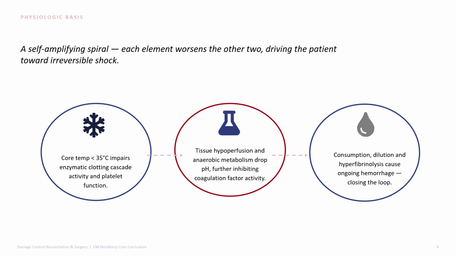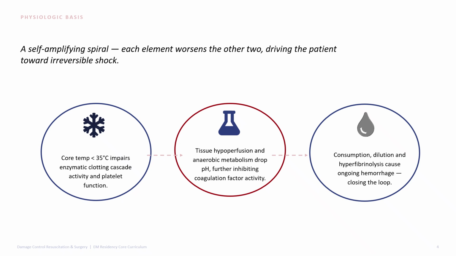So, as I already told, the lethal triad in trauma is a self-amplifying spiral. Each element worsens the other two, driving the patient towards irreversible shock. What is the pathophysiology behind this?